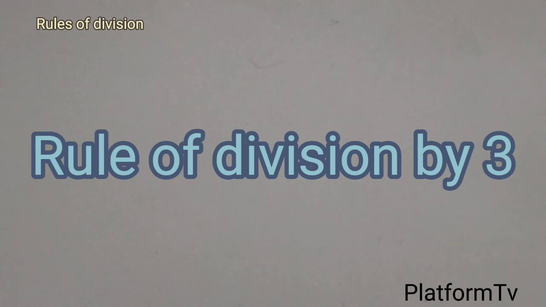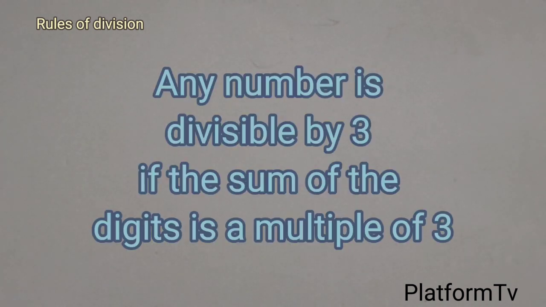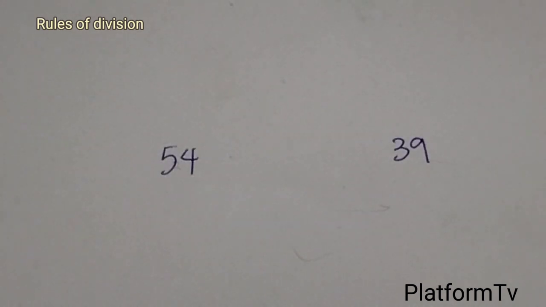Rule of division by 3. The rule says that any number is divisible by 3 if the sum of the digits is a multiple of 3. That is, add up all the digits in the number.